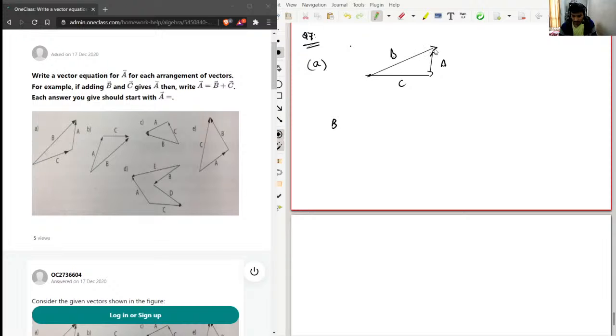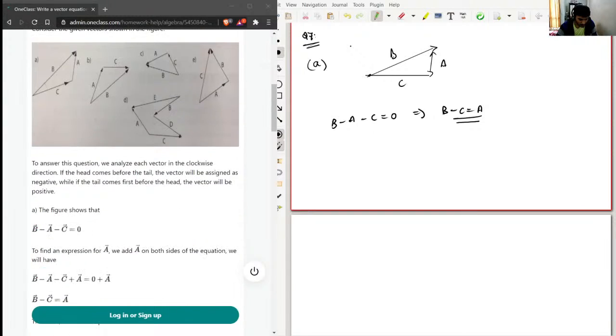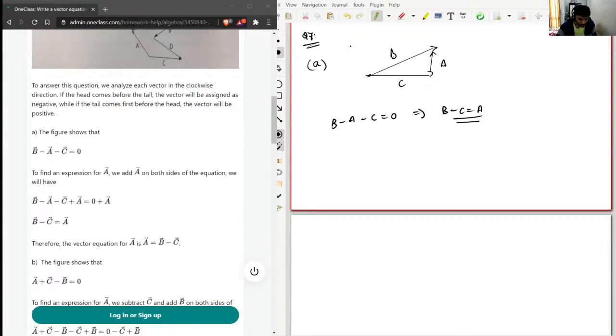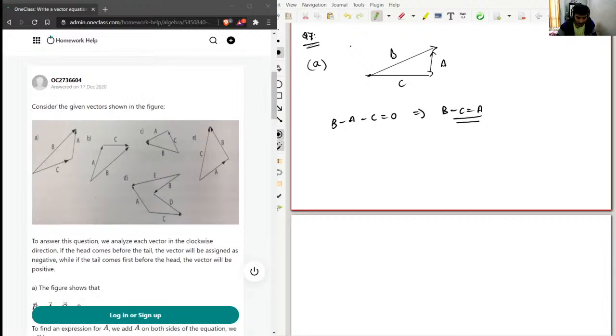Then we'll go clockwise, and for A, head is coming first, so A will be written as negative. And then again for C, head is coming first, so C will also be negative. This implies I'll just add A on both the sides, so B minus C is A. Let's just check with the solution. So B minus C equal to A.